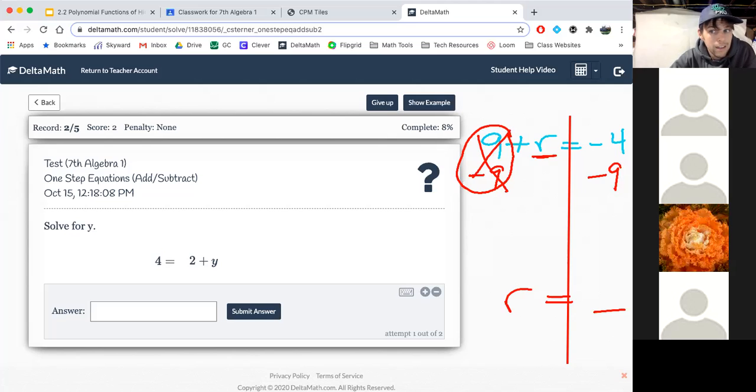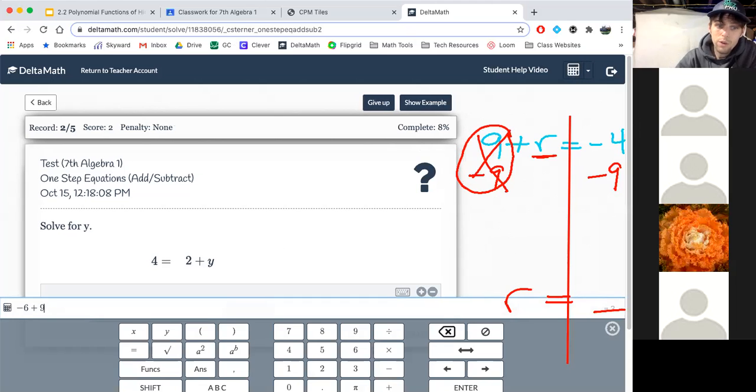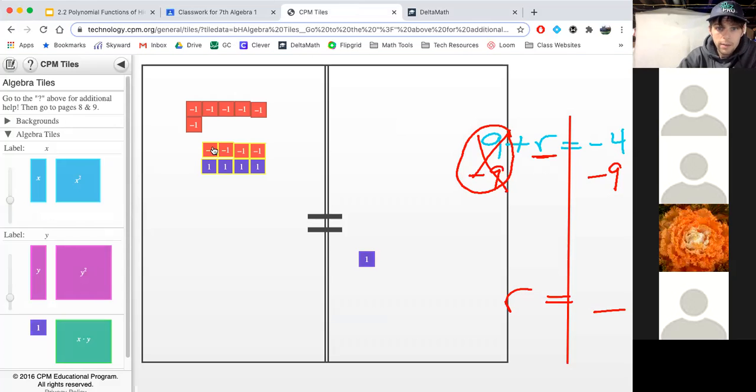And again, what's that? Is that 14? Well, we're going to get a negative. For something like this, if you're having trouble with these integer ones, I would really recommend using a calculator or using the algebra tiles. Because if I use my algebra tiles, I could do it this way.